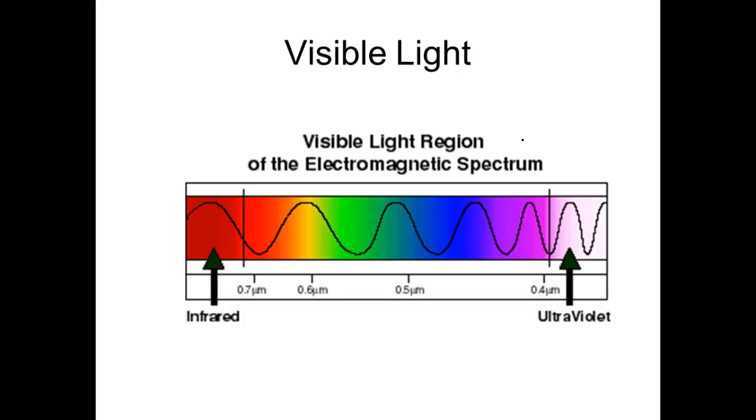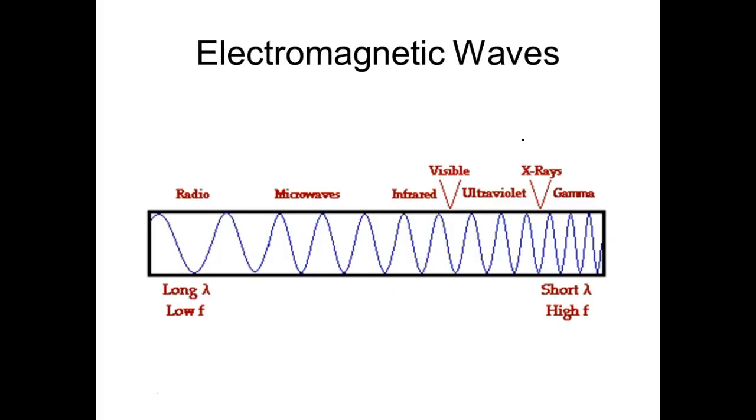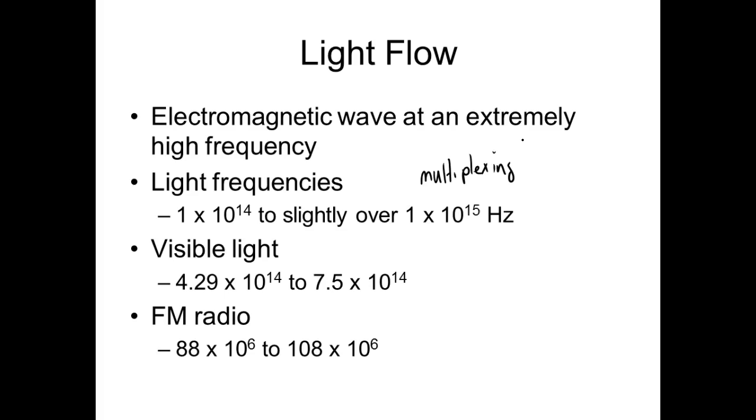So this would be around 800 nanometers, right? But if we went back to the frequency, they're going to give us the frequency. So these are in frequencies. But what would we do if I wanted, let's say, 4.29? How would we convert that over to a wavelength?